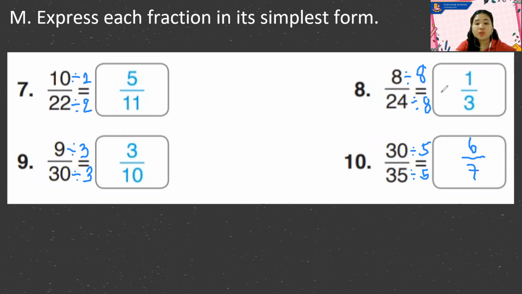So the answer for number 10 is 6/7. That's it for letter M.